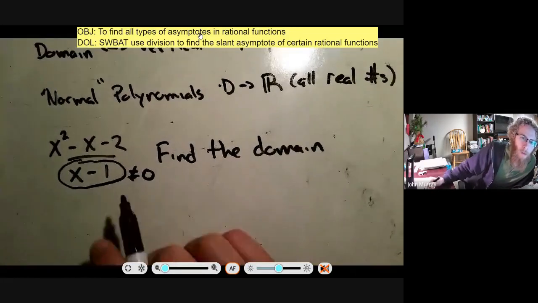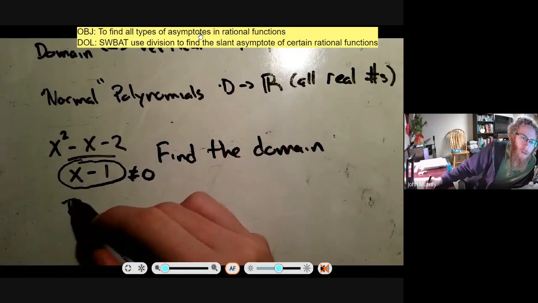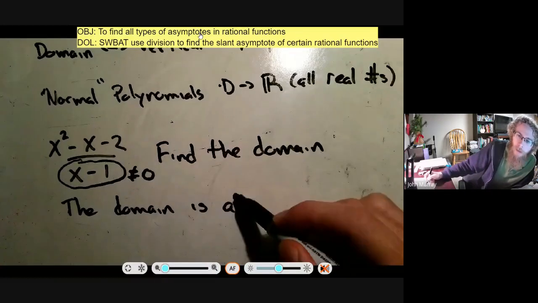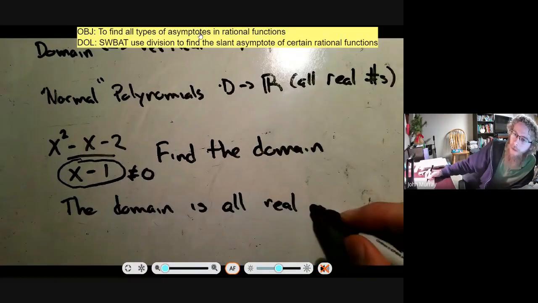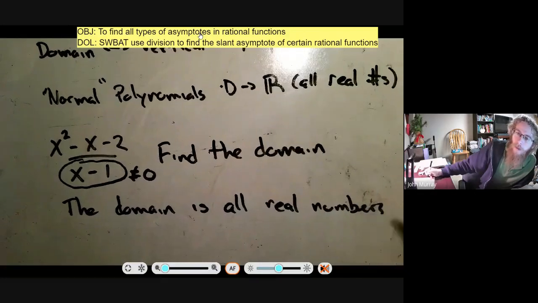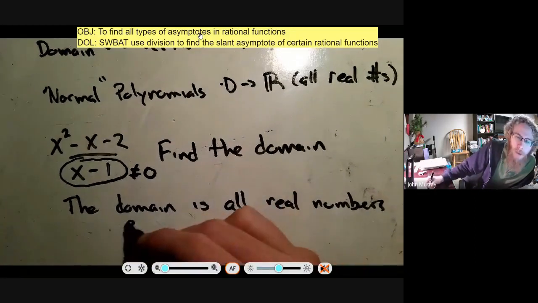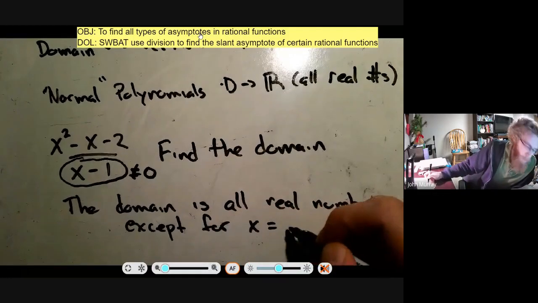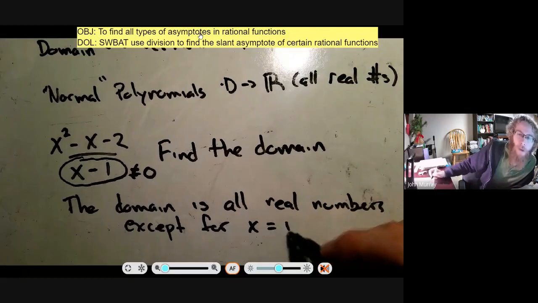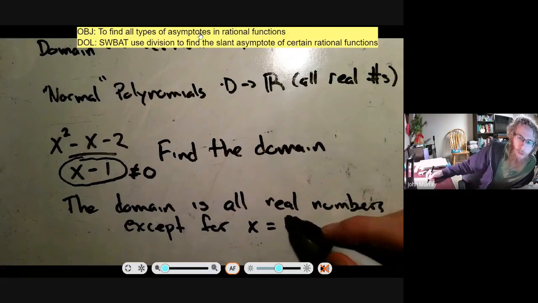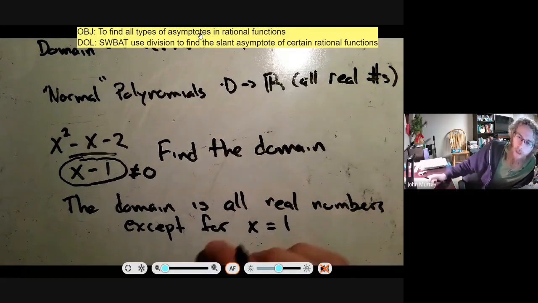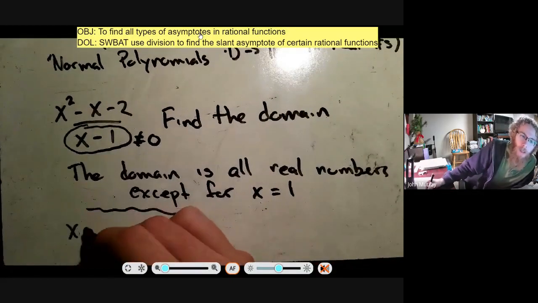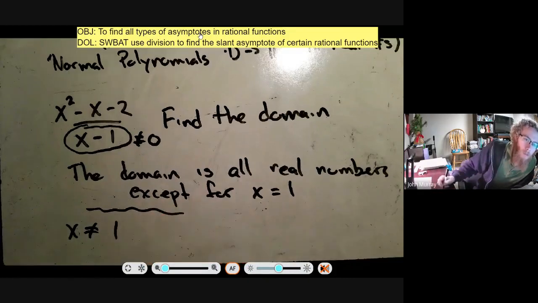So to find the domain, we would say for this, the domain is all real numbers except for x equals 1. A less formal way of writing the domain, you could just say x can't equal 1.